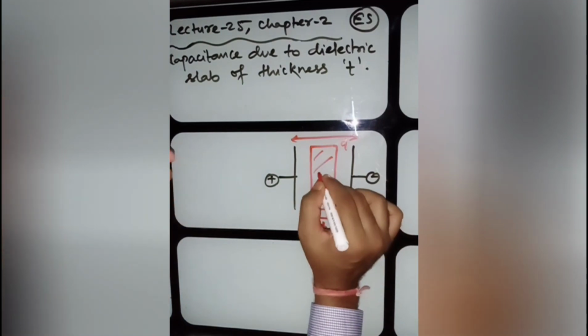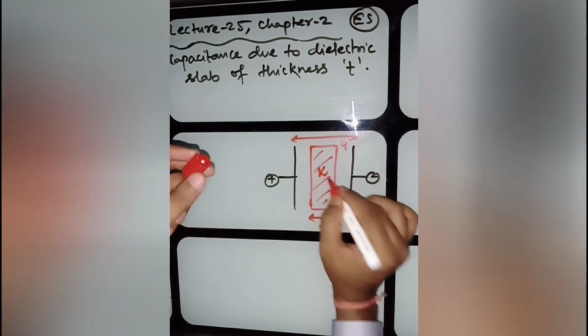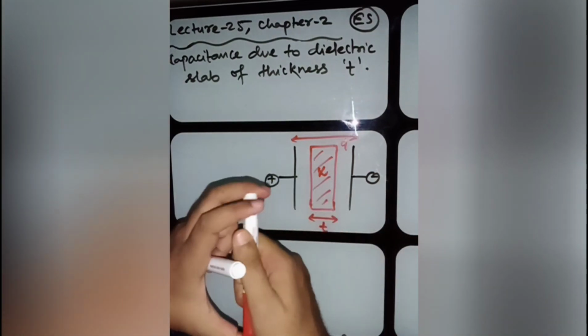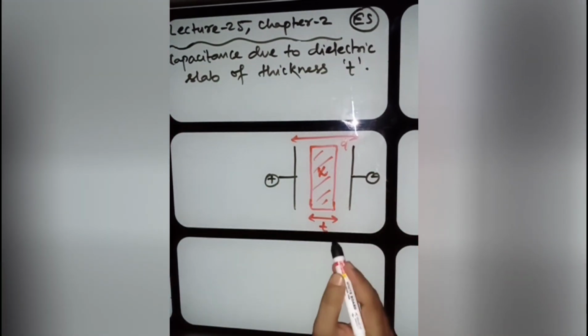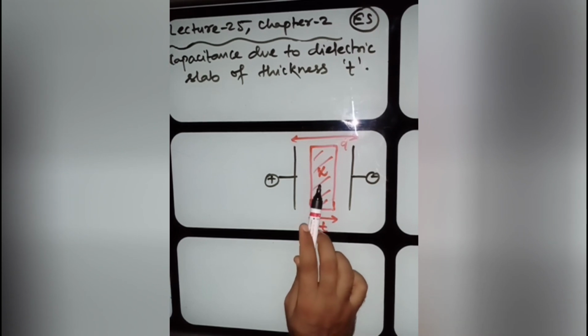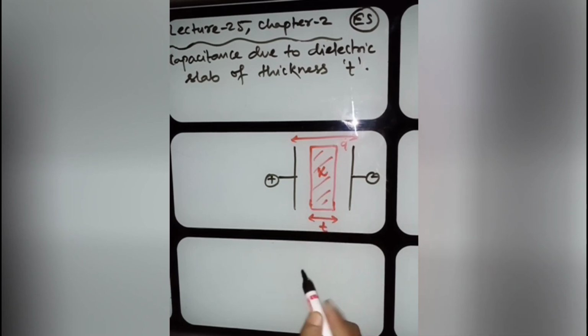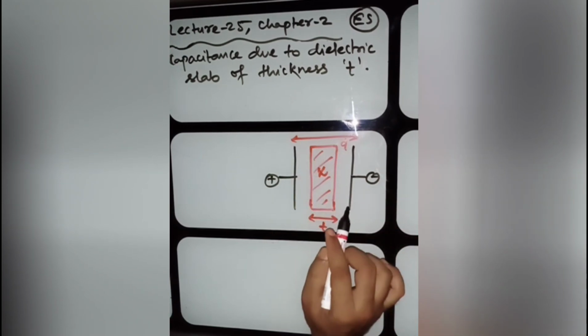This is the space where the medium of dielectric constant K is. The length of free space will be D minus T, because in length T we are having the dielectric of dielectric constant K. So the length of free space is D minus T, that is this one and this one.